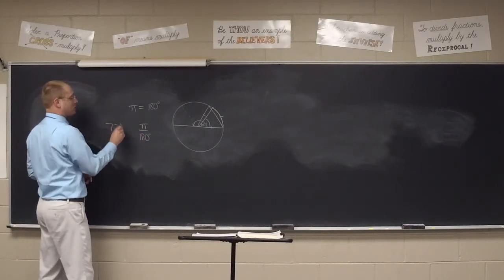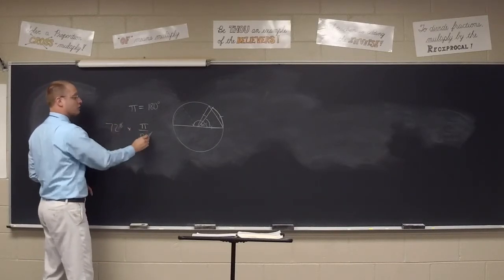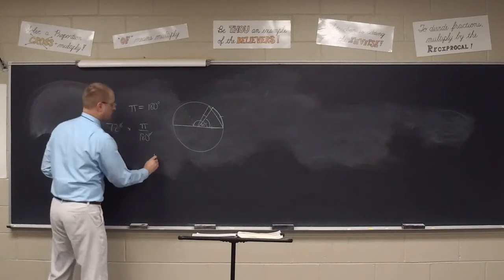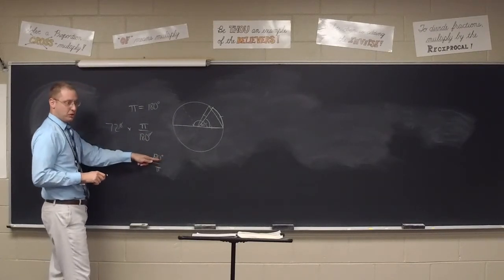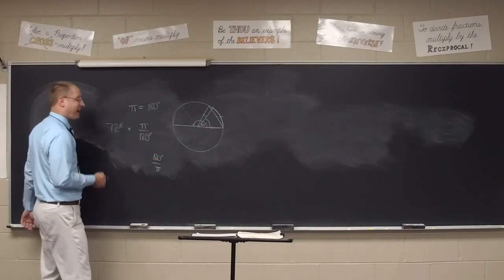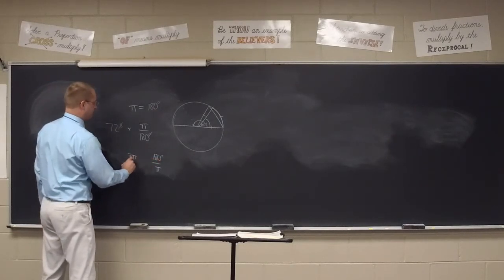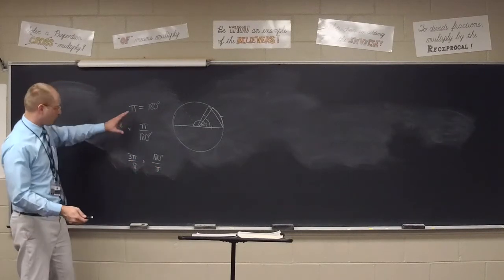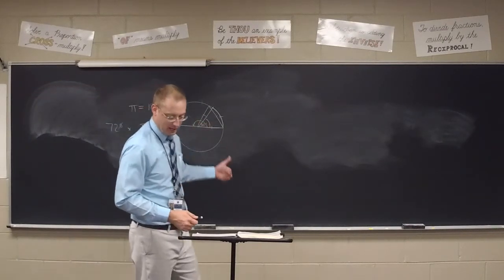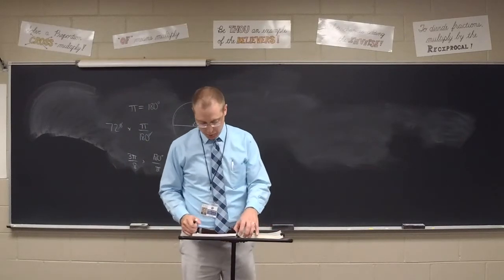So if you multiply 72 degrees by pi over 180, you're going to cancel those degrees away. But if you multiply by 180 degrees over pi, you're trying to introduce degrees as your unit, and cancel away the pi if there is one. And oftentimes there is, like 3 pi over 8. So multiply by either pi over 180 or 180 over pi to convert back and forth between degrees and radians.